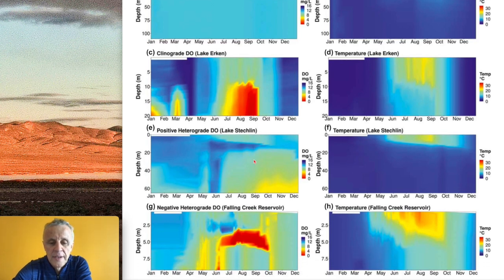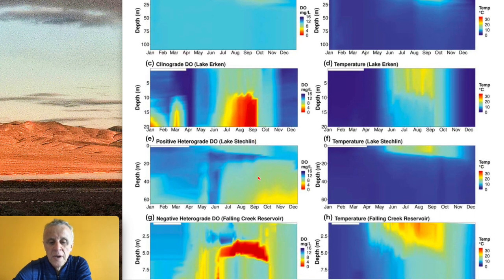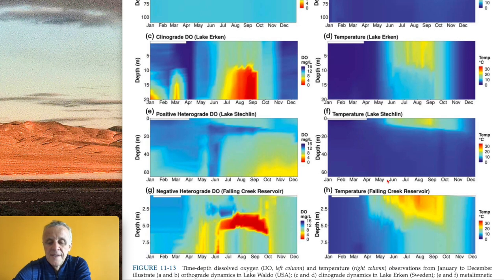This is a heterograde lake, the opposite of an orthograde lake, where we are seeing variability in the dissolved oxygen concentration, both at depth and through seasons. And then the temperature of that lake, we can see that it's pretty well isolated. There's a strong thermocline, and the hypolimnion is pretty stable in terms of temperature through time.